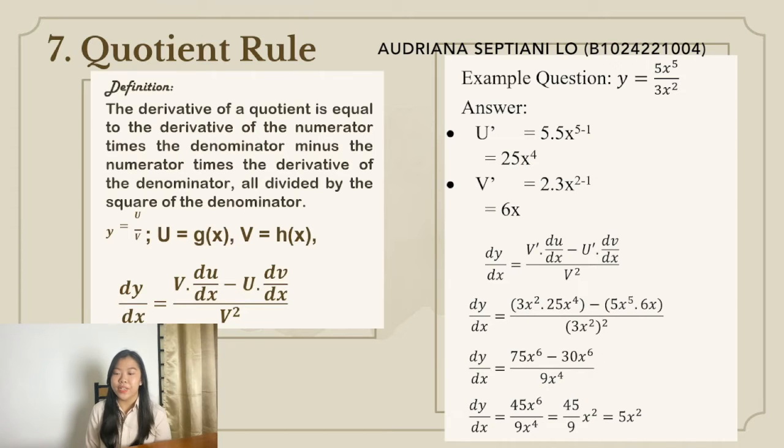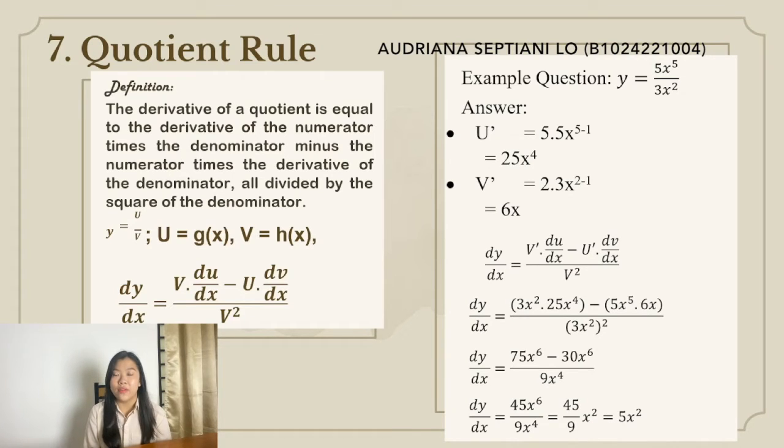To answer this question, the formula is dy per dx equals v multiplied by du per dx minus u multiplied by dv per dx, divided by v squared. So it is open bracket 3x to the power of 2 multiplied by 25x to the power of 4 close bracket minus open bracket 5x to the power of 5 multiplied by 6x close bracket, divided by open bracket 3x to the power of 2 close bracket to the power of 2.